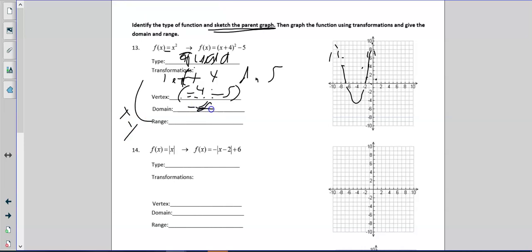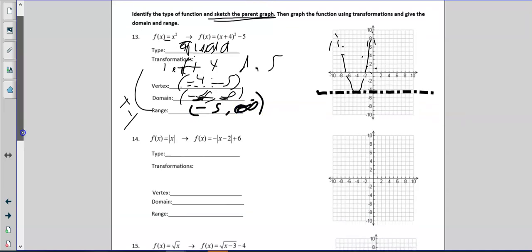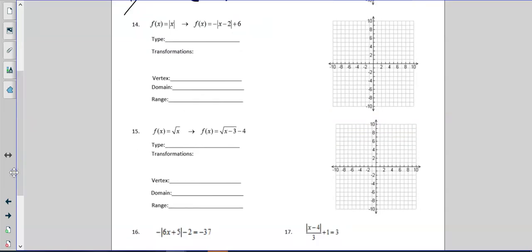Well, it goes forever left and forever right, negative to positive infinity. And the range, how low does it go? That's right here at negative 5. And it's going to hit that, so we use a bracket, and it's going up towards positive infinity. Okay, number 14.